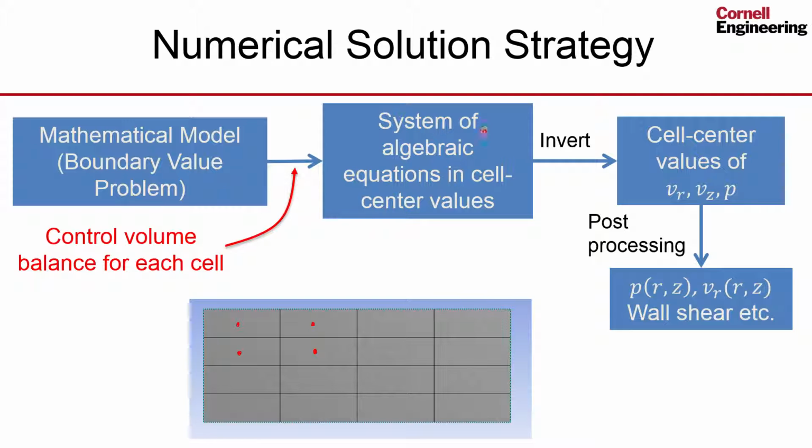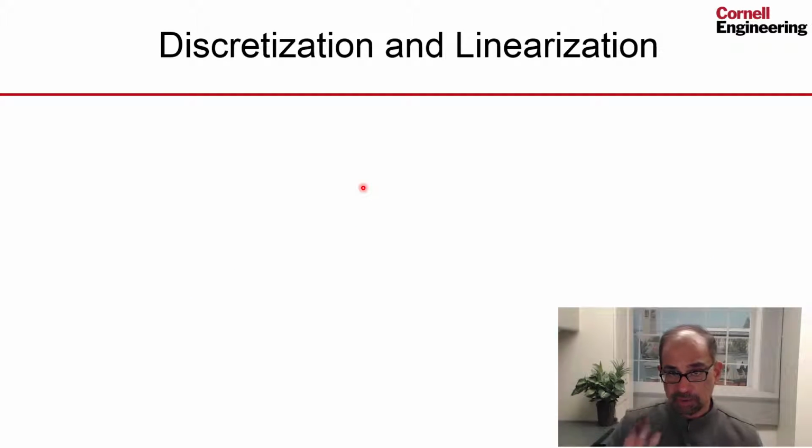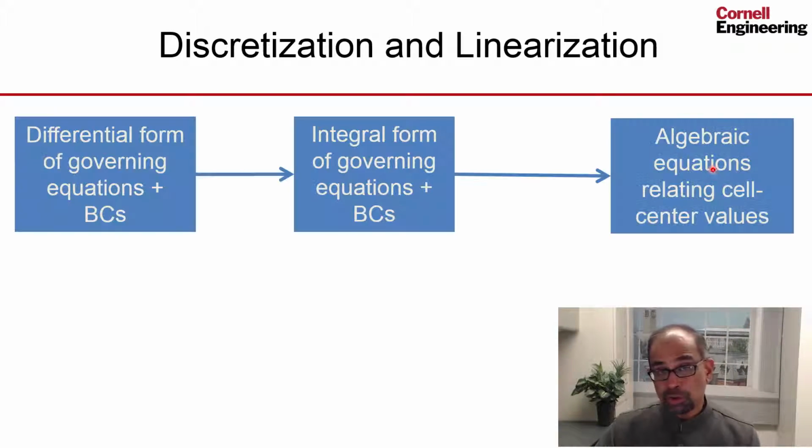And in this process, there are 2 errors introduced, discretization error and linearization error. So let's do a quick review of those errors, again going back to ideas we saw before. The tool will derive, in our case ANSYS Fluent will derive, the algebraic equations relating cell center values not from the differential form, but from the integral form.